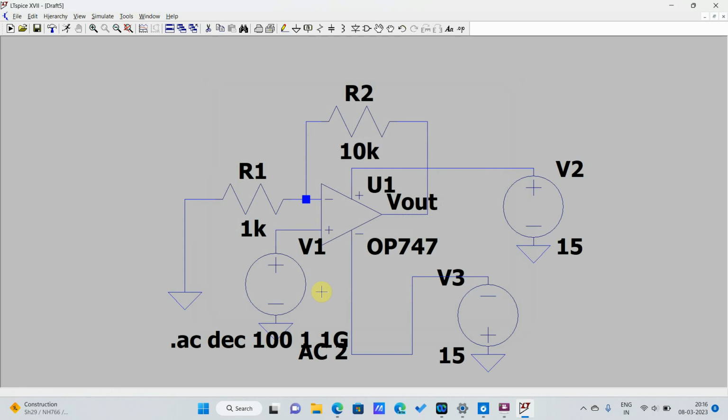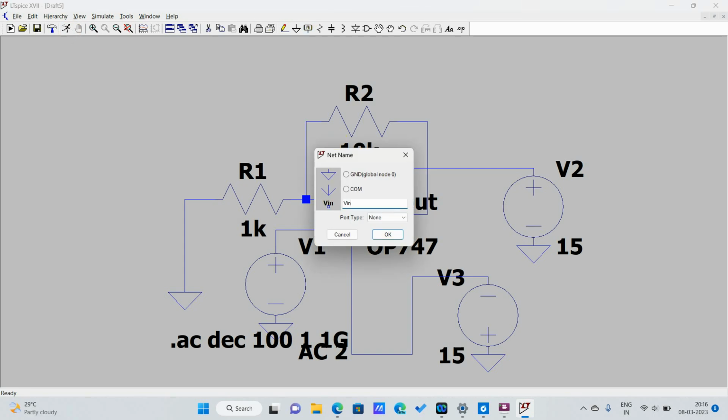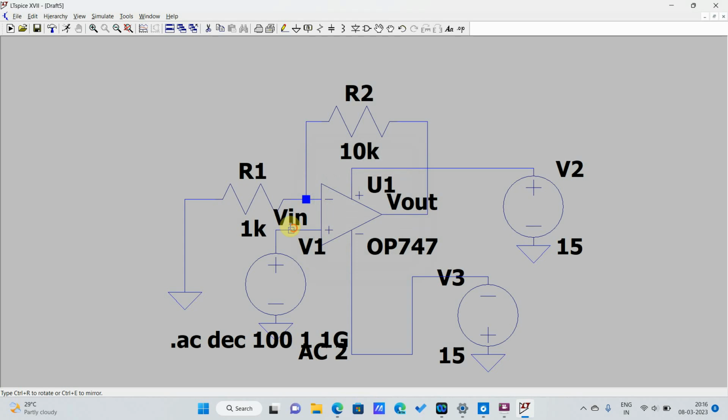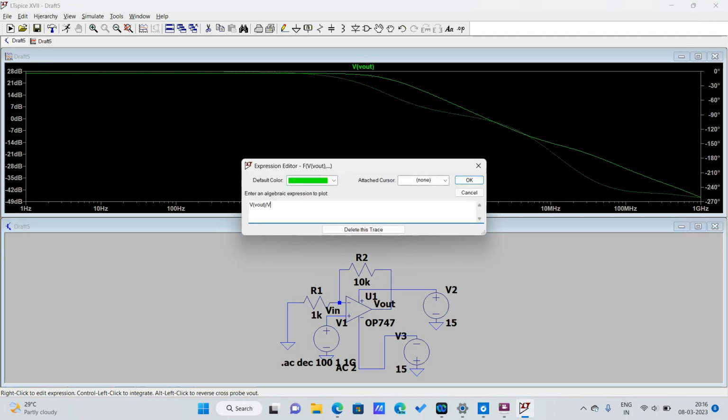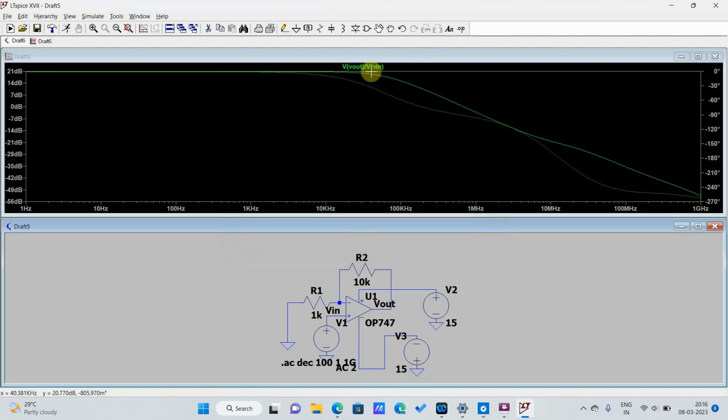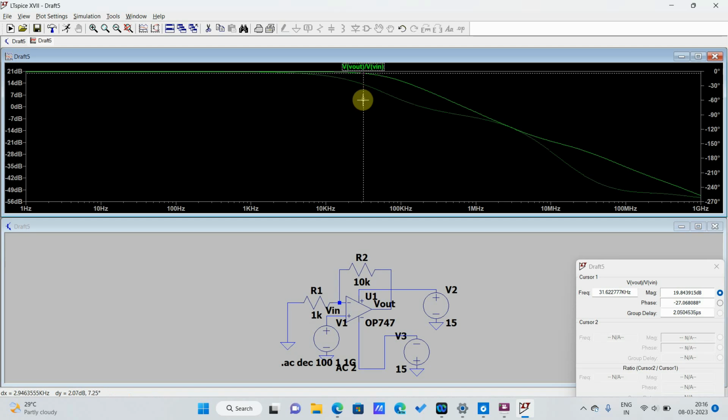Okay, so yeah, let's put a label here. So again we get a low pass filter, and the gain remains almost constant up to somewhere around 15 kilohertz.